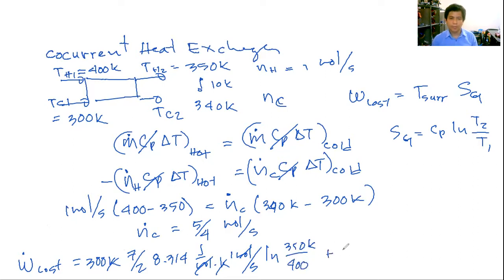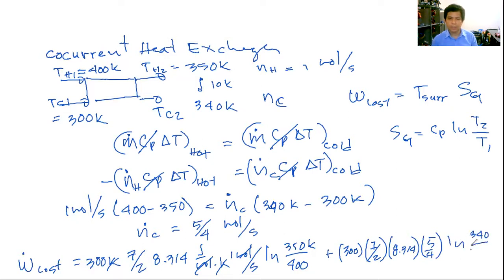Okay? Yun naman sa cold stream. So ganun din, we have 300, times 7 halves times 8.314, times 5 over 4, moles per second. Tapos ln. Ang final temperature natin sa cold ay 340.